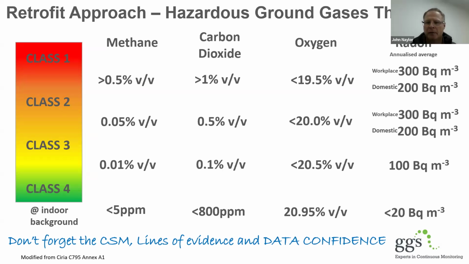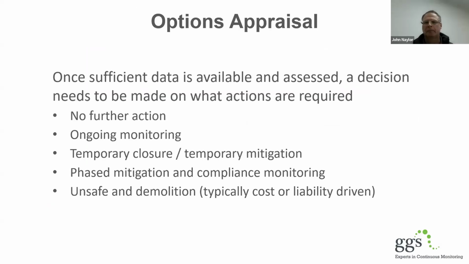So once we've done our assessment, what can we do about it? Well, it could be a number of things, but it could actually be we don't need to do anything. Okay, we might want to collect more data so we've got higher confidence in what we're saying, whether we are going to have to do anything or not. You might actually find you've got to close part of the building, part of the structure, maybe temporarily while mitigation continues.